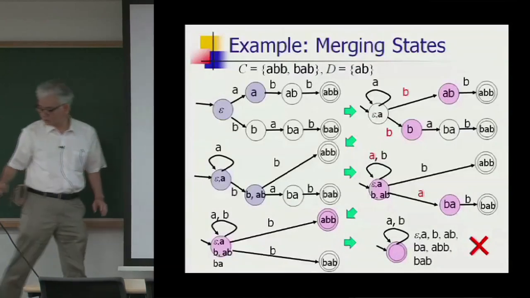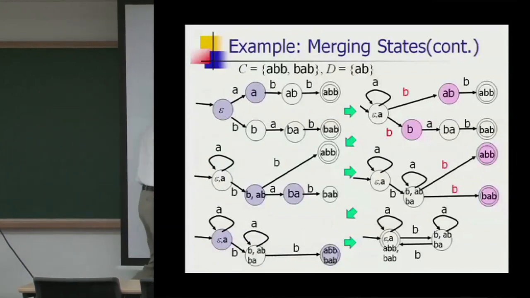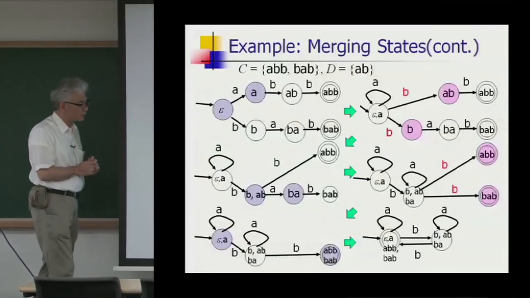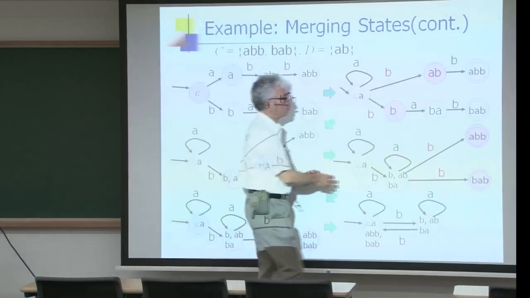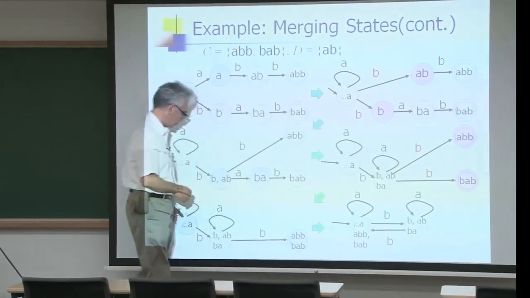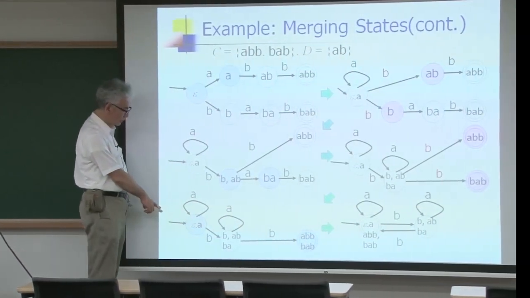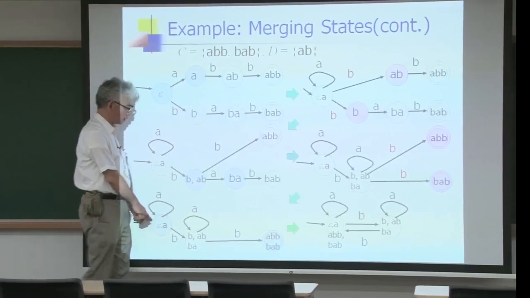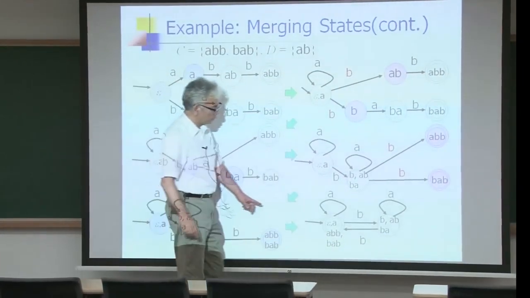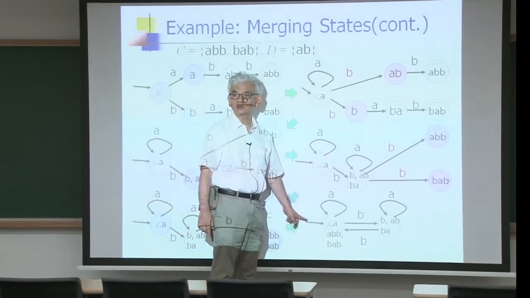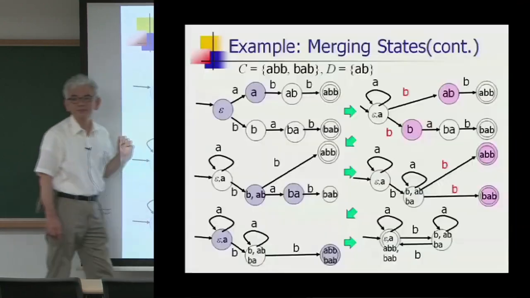So we choose other states, this one and this one. Then we try to merge these two, and then we remove the contradiction like this, okay? And then we try these two states, and then eventually we get this automaton as a conjecture. This is the final output of the algorithm.